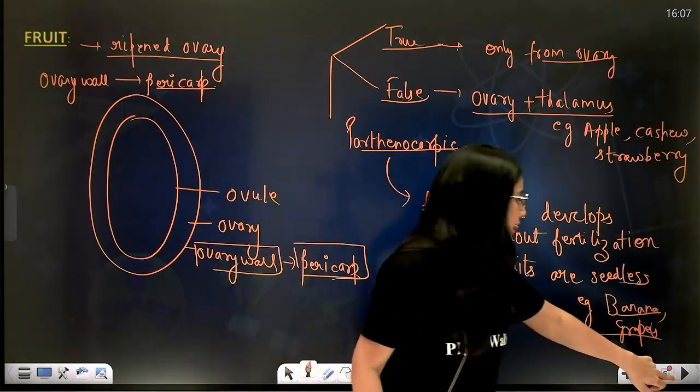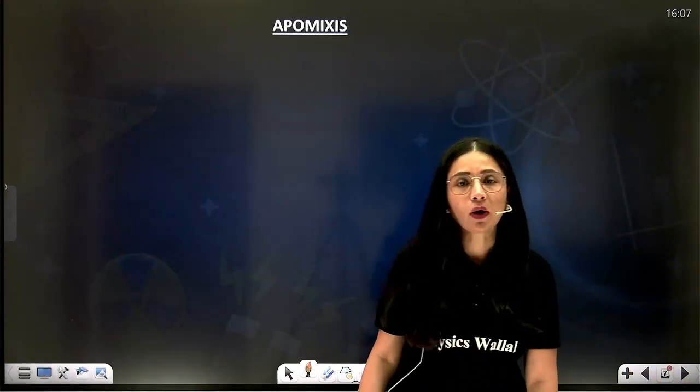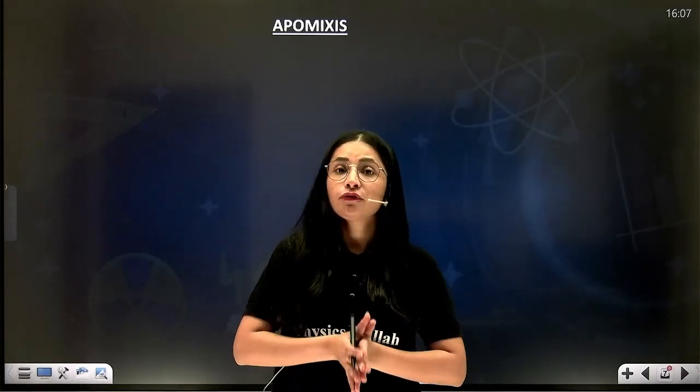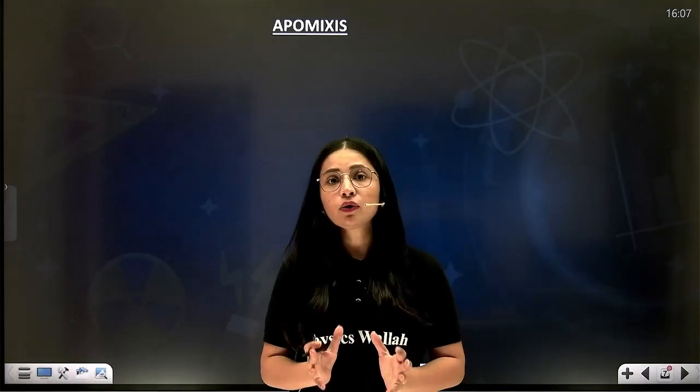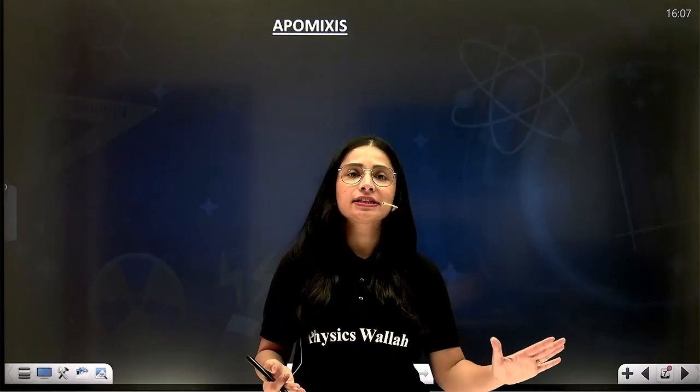Now, we are going to start the very important and the last topic of the chapter, Apomixis. Apomixis, beta, is actually a special type of asexual reproduction where you are going to see seed formation without fertilization.